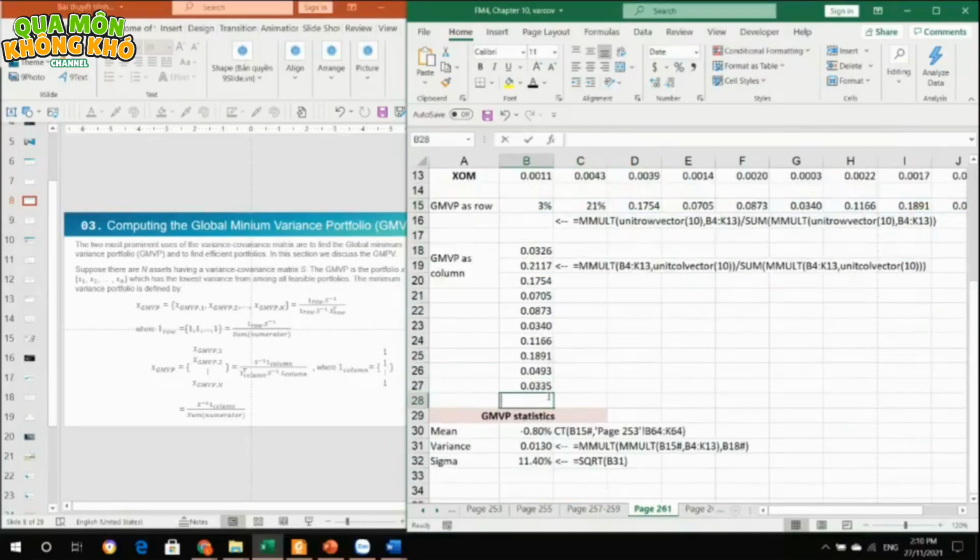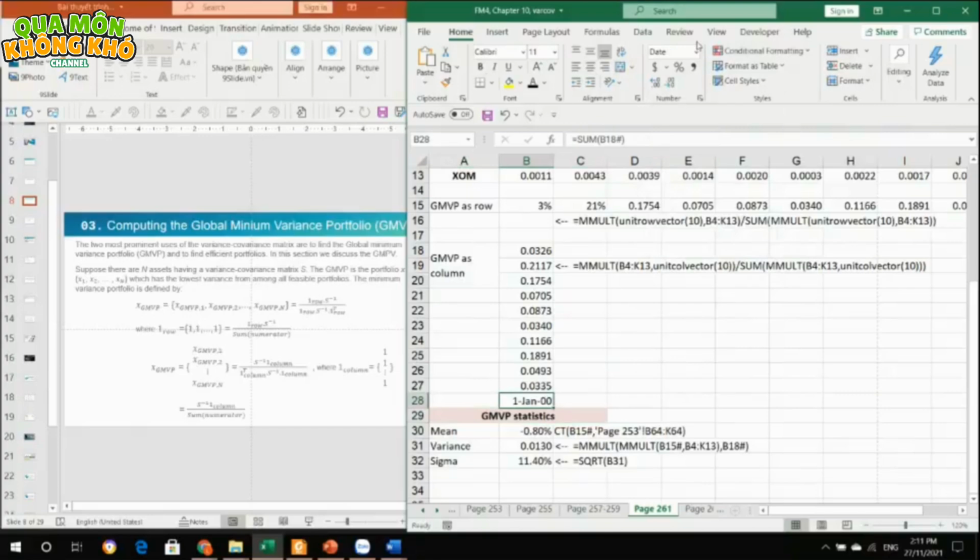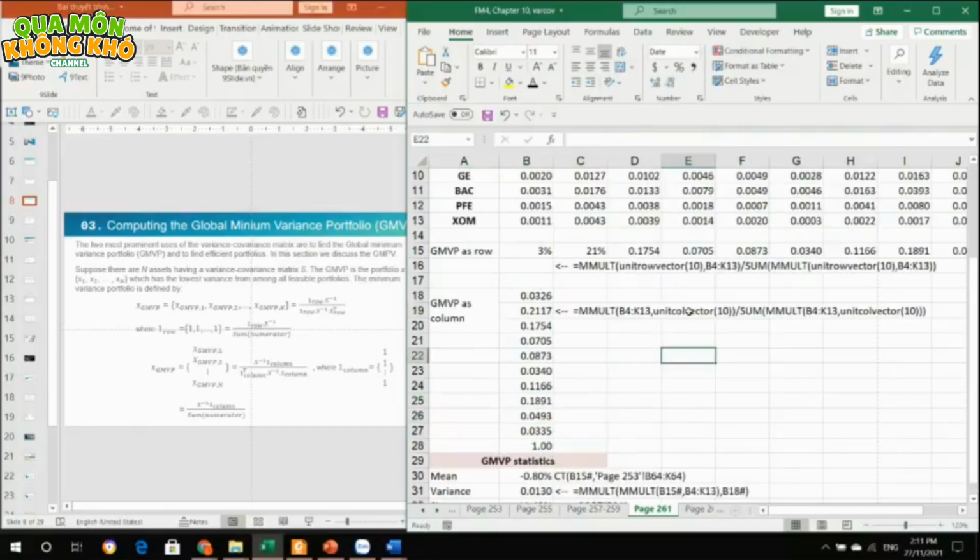So the sum of these values is equal to 1, or 100%. Okay, so that is about the stock allocation.